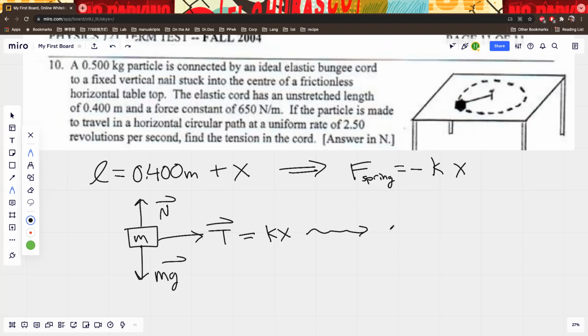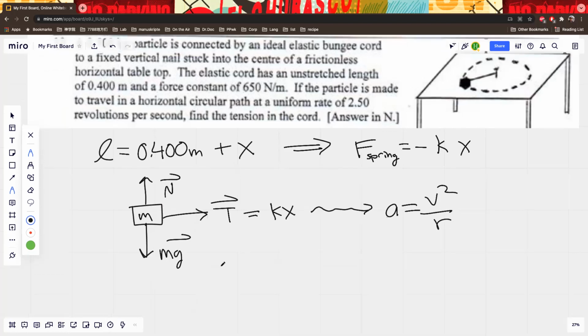And that acceleration is equal to v squared over r. Okay, so what is the net force here? If we add up all the forces in the free body diagram, what's the net force? The net force in the y direction would be 0.